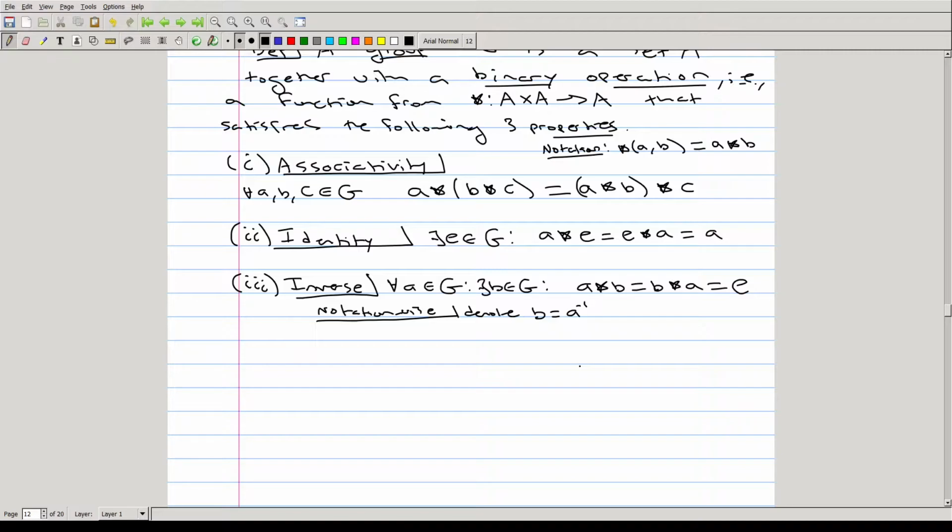But don't be confused: if you see A with -1 for a general group, it doesn't mean 1 over A, because in general we can't define 1 over A for a general group.